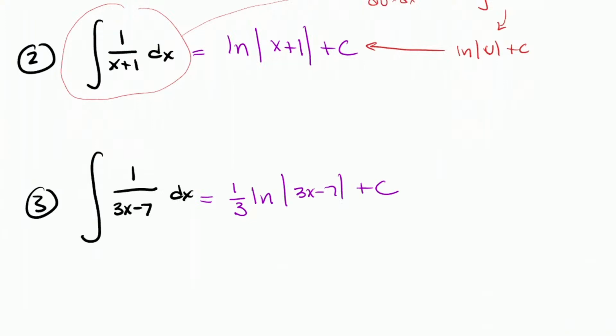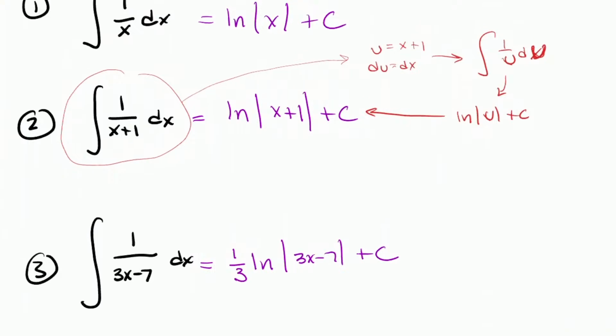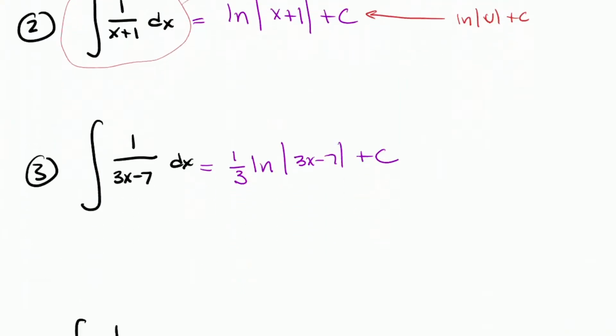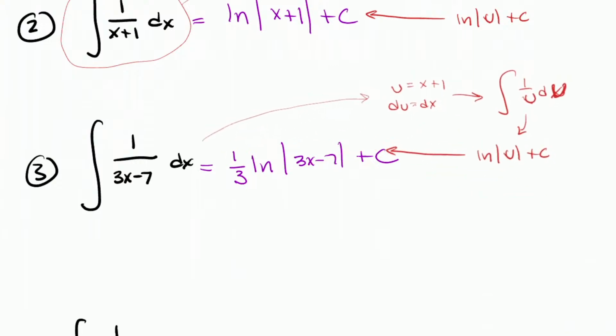So this one, when things get tricky, even though I kind of scoffed at doing all of this stuff here in red, it might be helpful to actually do that. Let me paste that in here and show you what it would look like. In this case, u wouldn't equal x plus 1.